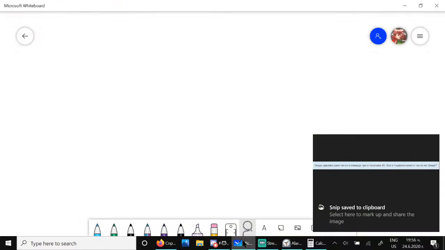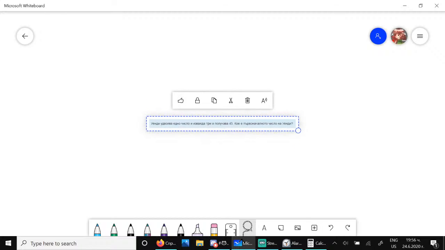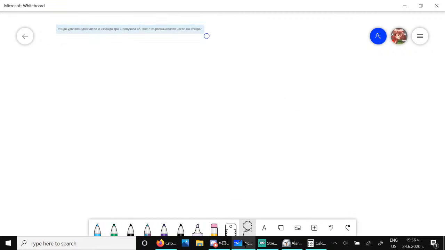when she thinks of a number, then she multiplies it by 2 and subtracts 3, and the outcome is 45. So 2 multiplied by x, where x is this number, minus 3 is equal to 45.